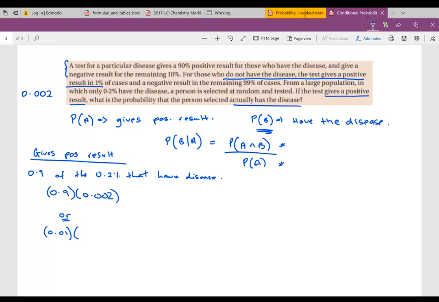Now, if 0.002 have the disease, we have times 0.998, sorry, I was doing that in my head. So that's the amount of people.